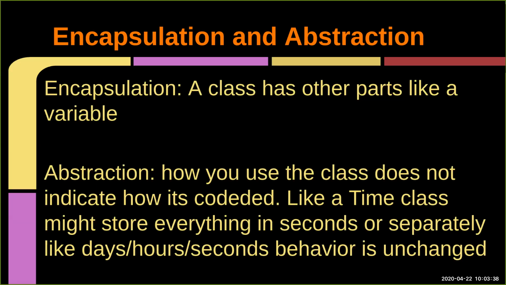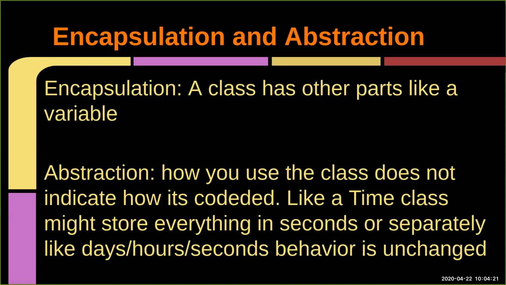But then abstraction is the concept, which we've also done, that a class doesn't necessarily reveal how it's coded. When you make a setter and a getter for a class, the person using your class doesn't need to know if there's actually a variable called that thing. So when you say get time, for example, you might be storing as a private part of your class the time in seconds, and that's the only private part you have.